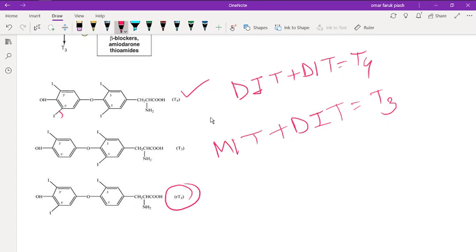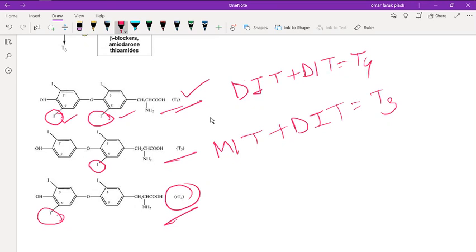Look at the position of the iodine. If the position of the iodine is in this way, then it is T4. If the position is in the second benzene ring, then it is T3, and if it is in the first benzene ring, it is reverse T3.